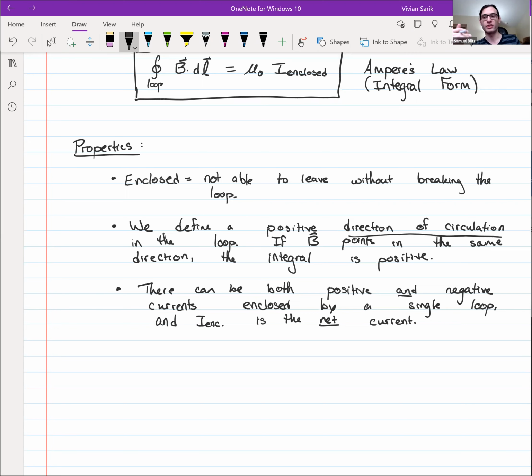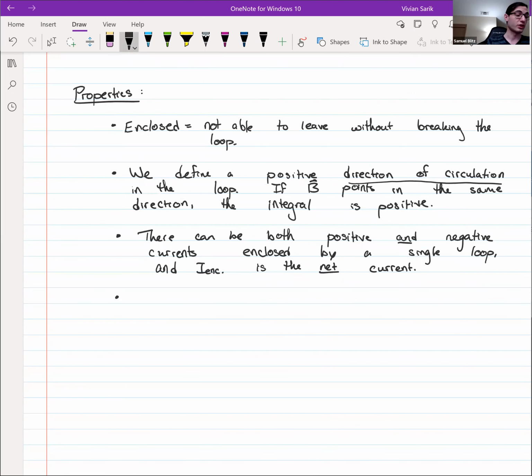Like the flux through a surface is still governed by Gauss's law, regardless of what the shape of the surface is. The last property for calculational purposes that you'll need to know is that the loop has out and in directions defined by the right-hand rule.